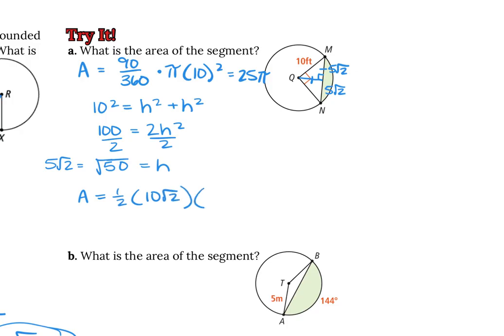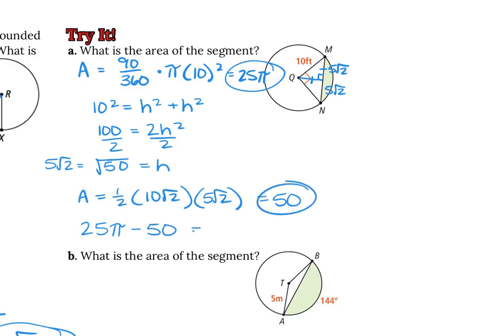And I multiply that by the height, which was also 5 square root 2. Okay, once I calculate, I'm going to end up with 50 for the area of the triangle. Now I just need to subtract, so take the area of the segment, subtract the 50, the area of the triangle, and I would get 28.5 feet squared.